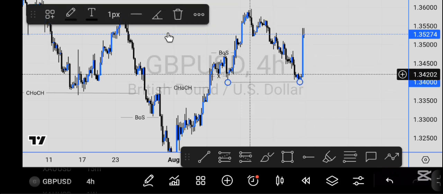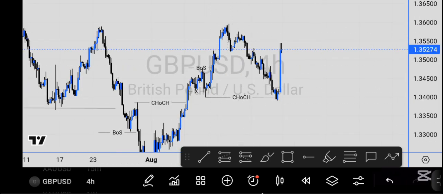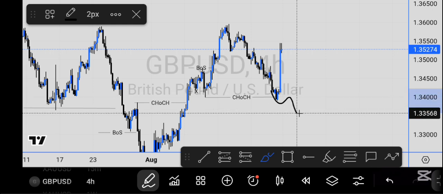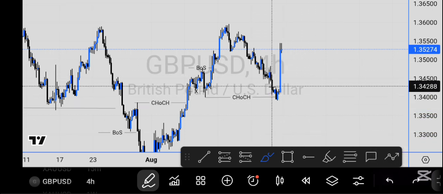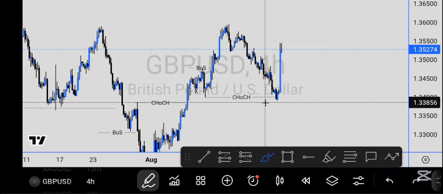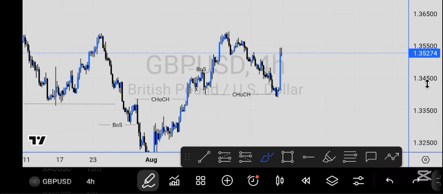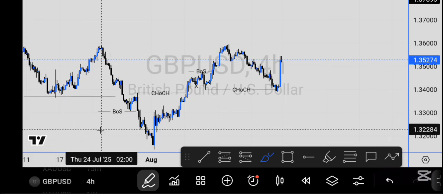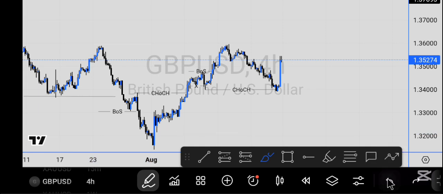Last week I was saying that this is our change of character, but because price is bullish, I'm not expecting that price should break here and start selling, because the weekly is bullish. The 4 hours responds to the weekly, not the other way around. Down here is a weekly POI, we tapped into a weekly POI, and so far we are still in that weekly POI.